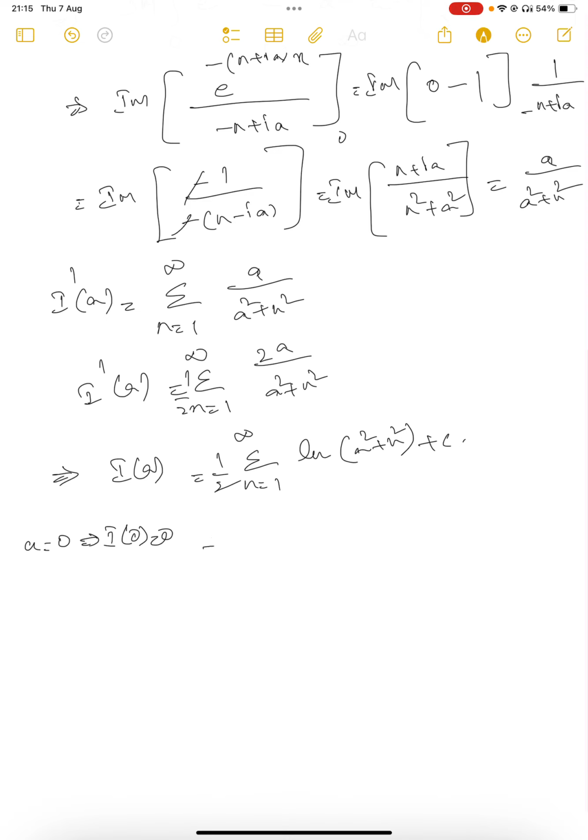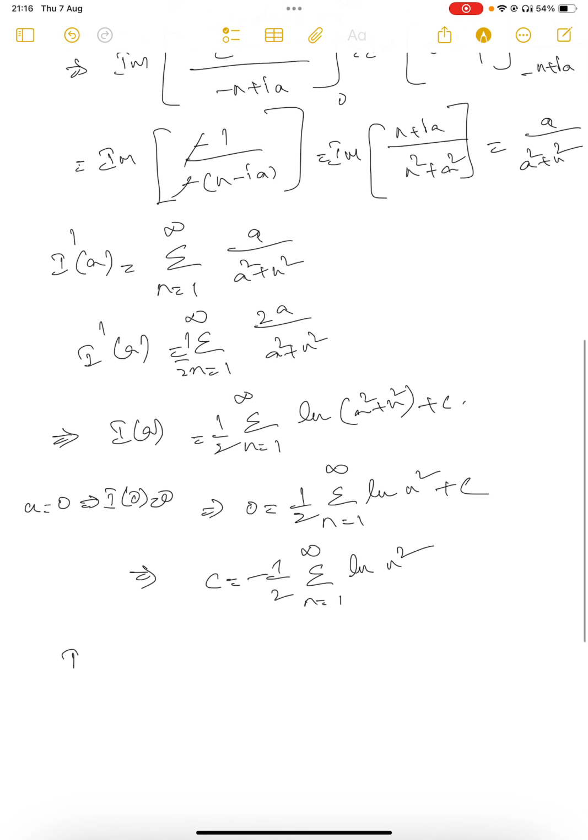That is 0 equal to half summation n equal to 1 to infinity ln of n square plus c. That is c equal to minus half summation n equal to 1 to infinity ln n square.